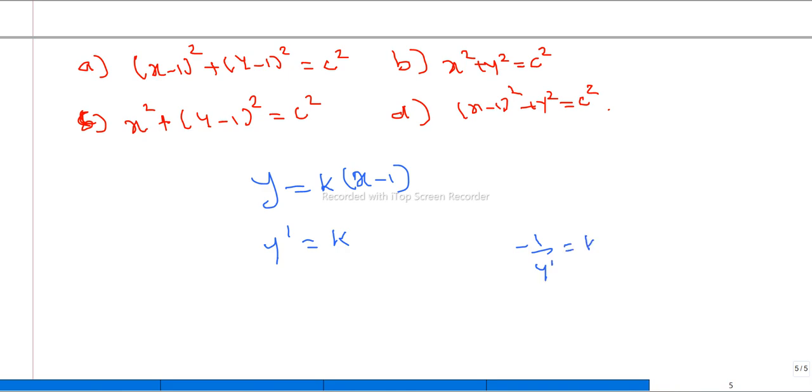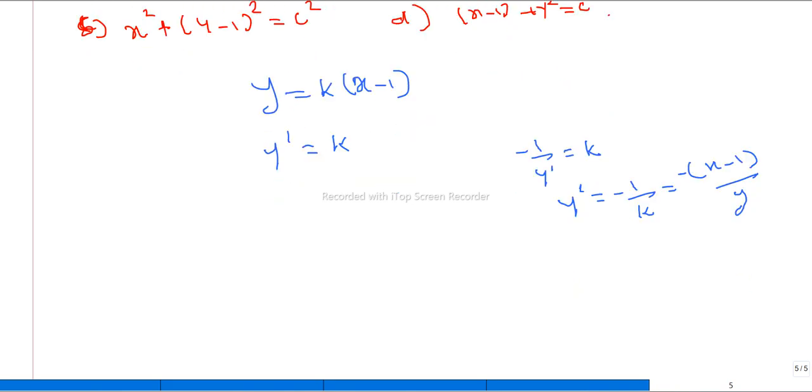So minus 1 by y dash is equal to k. Therefore, y dash equal to minus 1 by k, but replace the k value. K is nothing but y by x minus 1. Therefore, we will get minus of x minus 1 by y. Okay.